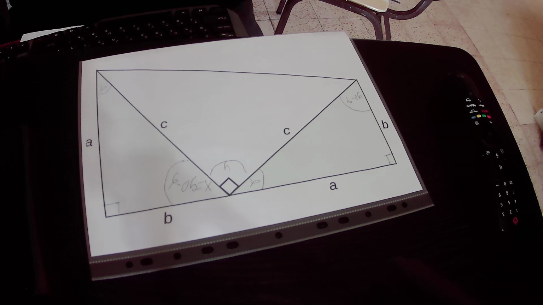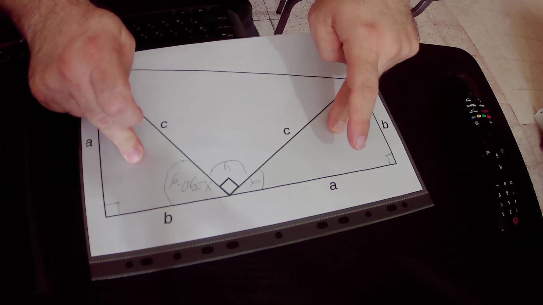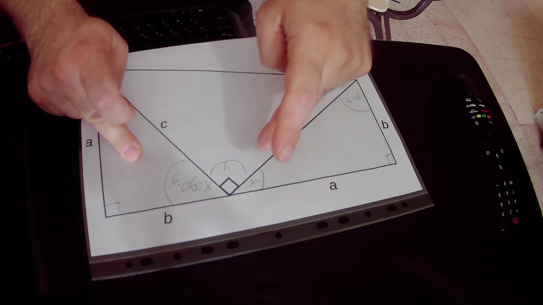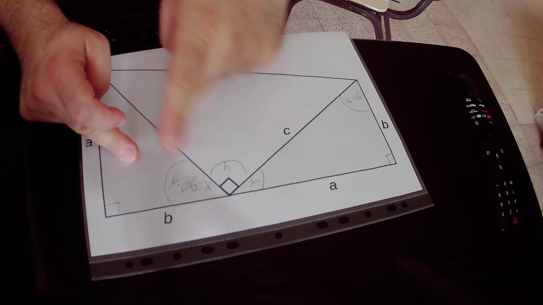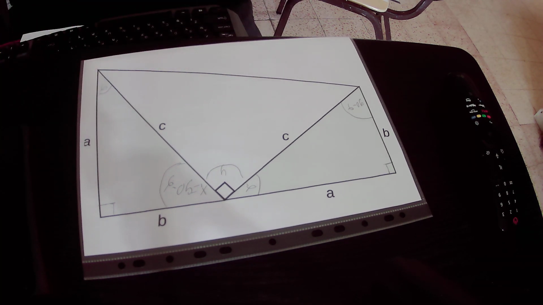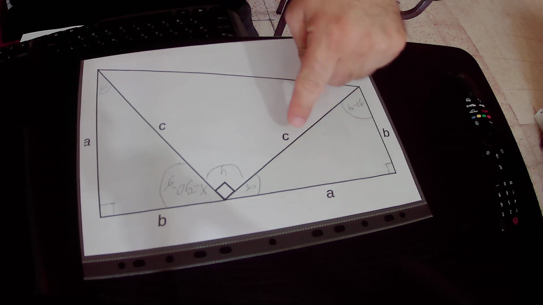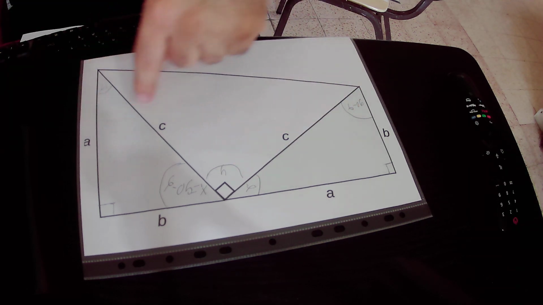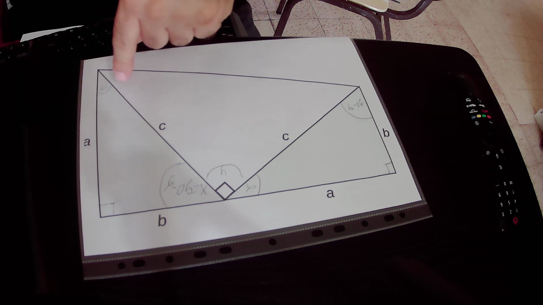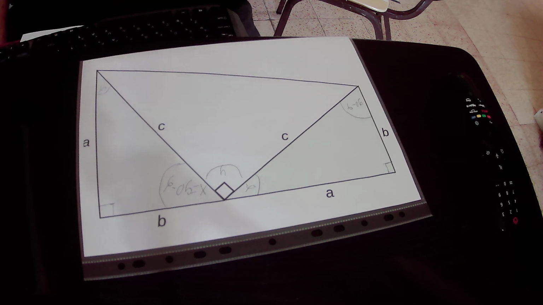Because those two triangles coincide, and this side is C, this side also must be C. Let's mark the angle between side A and side C with alpha. The angle between side A and side C will be alpha, and also the angle between side A and side C will be alpha. Okay?